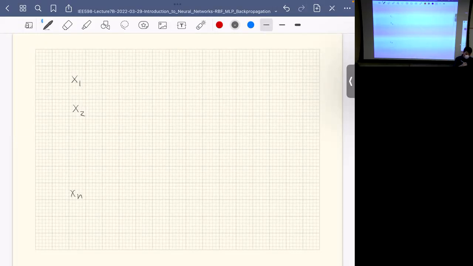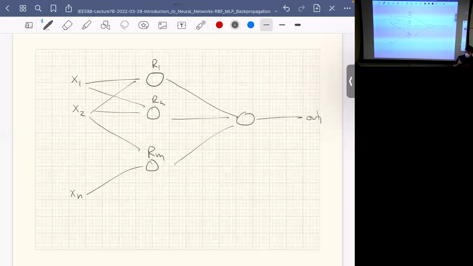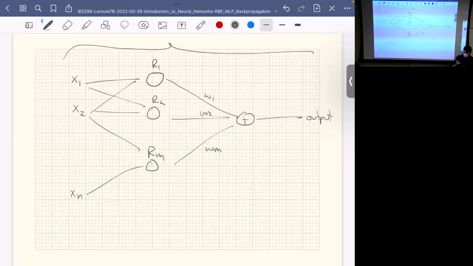I've got these R1, R2, all the way up to an RM, and maybe there's more or less of them than the inputs, and all of the inputs go into each one of them. Then these come together in a sum here, which generates an output, with weights W1, W2, Wm. This is our radial basis function neural network.